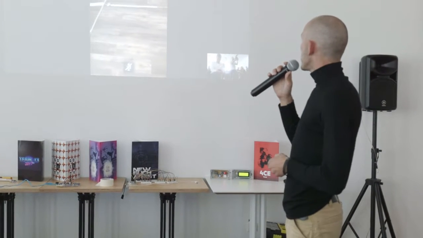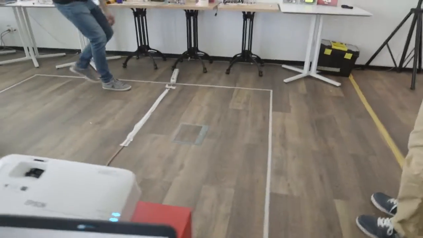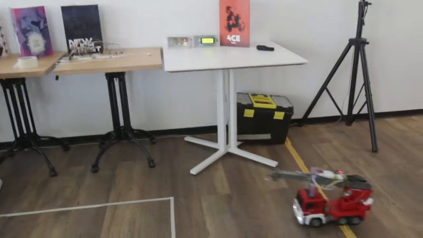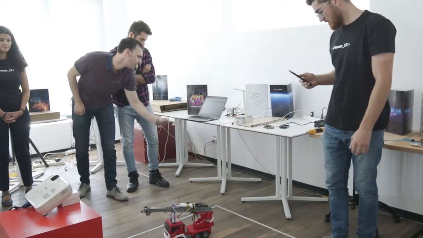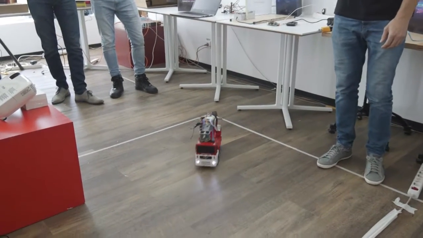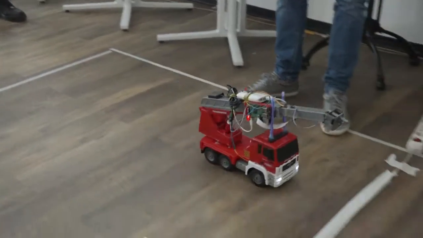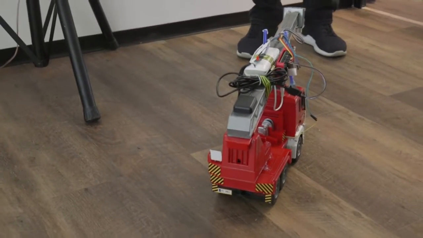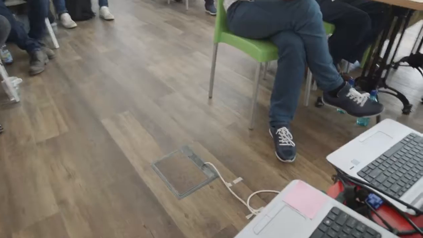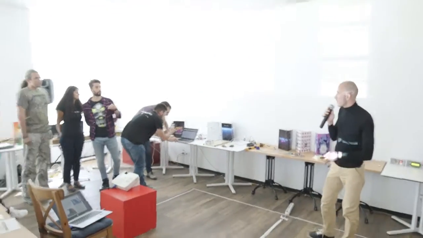So let's go down to the demo. Basically, every time the LED lights up, it signals that an abnormality has happened in the surface of the road.